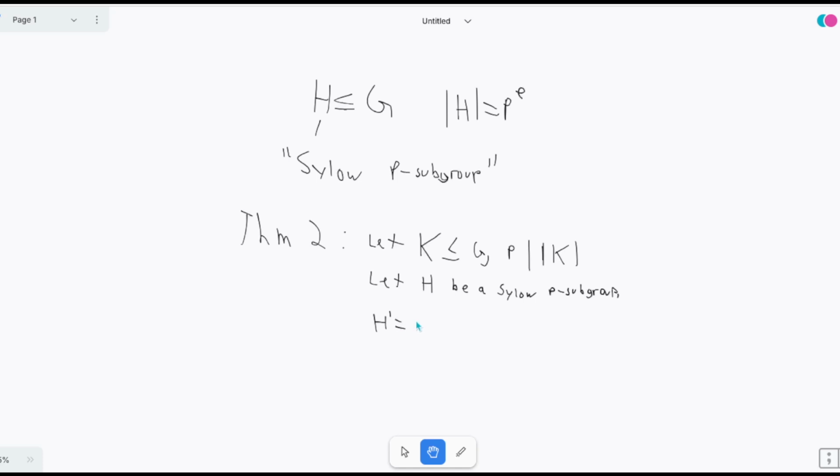So for some g, we have an H prime such that the intersection of K and H prime is itself a Sylow p subgroup, or a Sylow subgroup, of K.